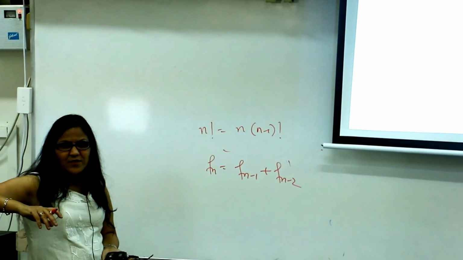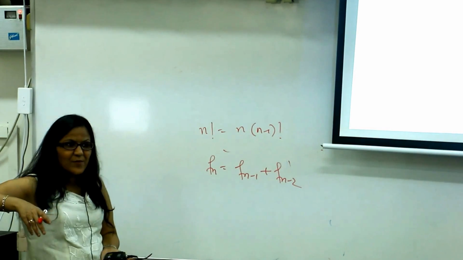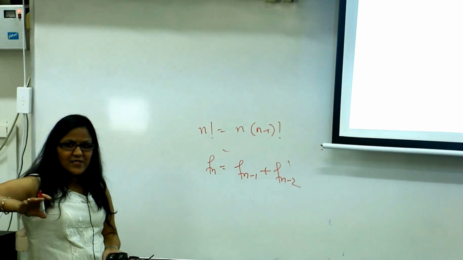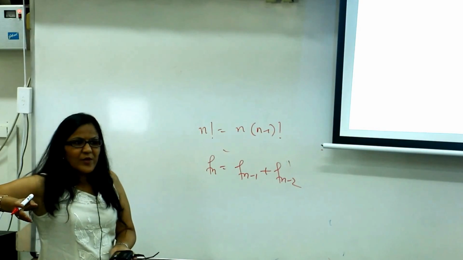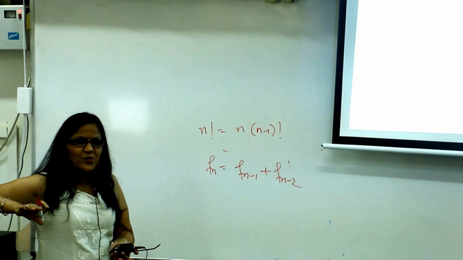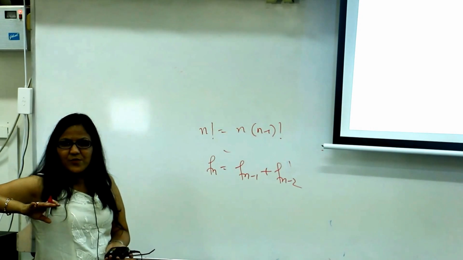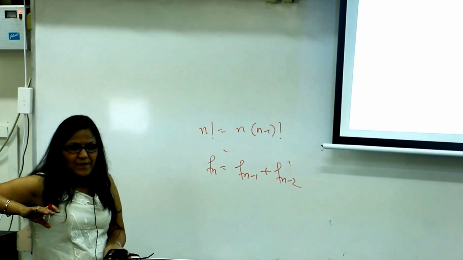When you start teaching DP to them, then they start realizing that there is a lot of overlap in the recursive calls, and that's it. So at some point, we need to tell the students that you should not use recursive or DP algorithms for computing the Fibonacci numbers.